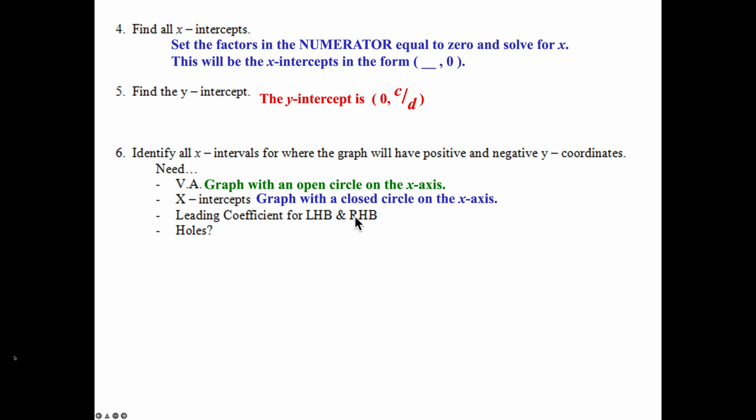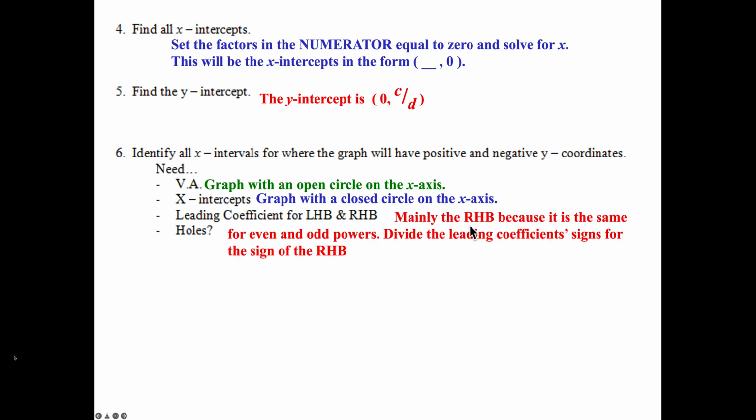So if my sign is positive, my right hand behavior will be positive. And then at every one of these points, your signs will alternate as long as they only occur once. If they occur twice, then your signs will be the same. They have to be both plus plus or minus minus on both sides of that circle. Okay?